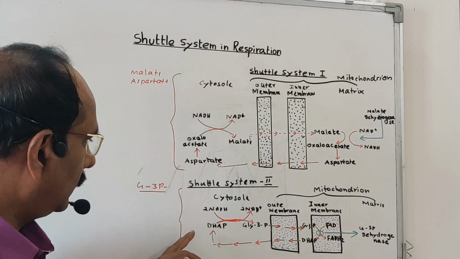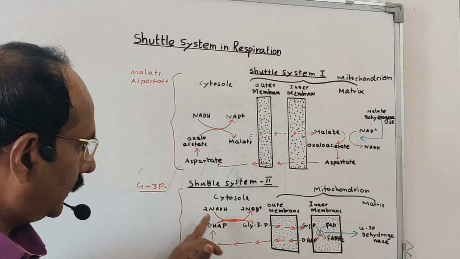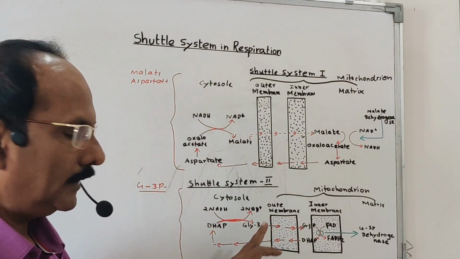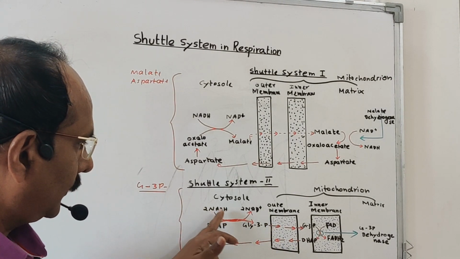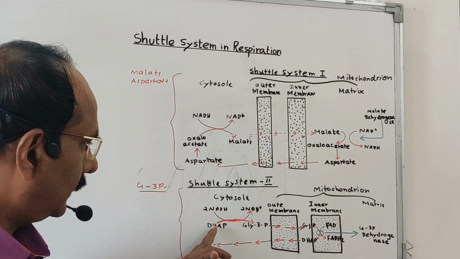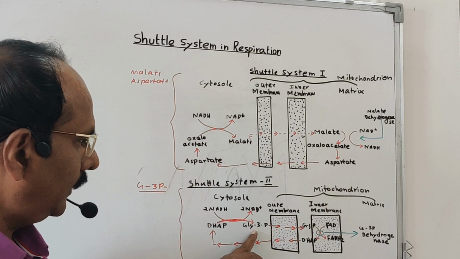Then see another shuttle, known as the glycerol 3-phosphate shuttle. The glycerol 3-phosphate shuttle takes place in all plants, nerve cells and some muscles. See here what happens. NADH is oxidized to NAD, and at the same time dihydroxyacetone phosphate is converted into glycerol 3-phosphate.